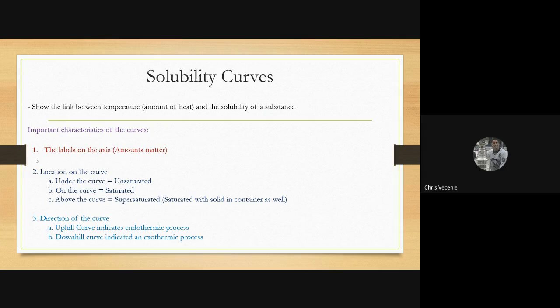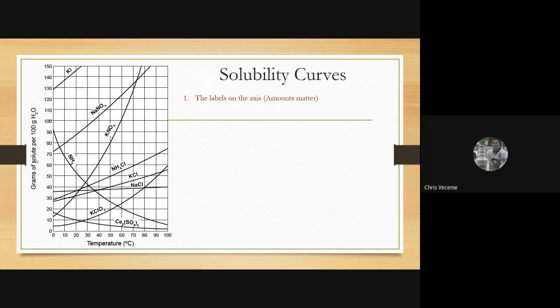of those important characteristics. First one is the label on the axes. If you look at this curve that I brought up, my x-axis is the temperature in Celsius. Each one of these lines represents a different substance. This is KI's line. Here's NaNO3's line. Here's NH3's line. Here's NH4Cl's line.